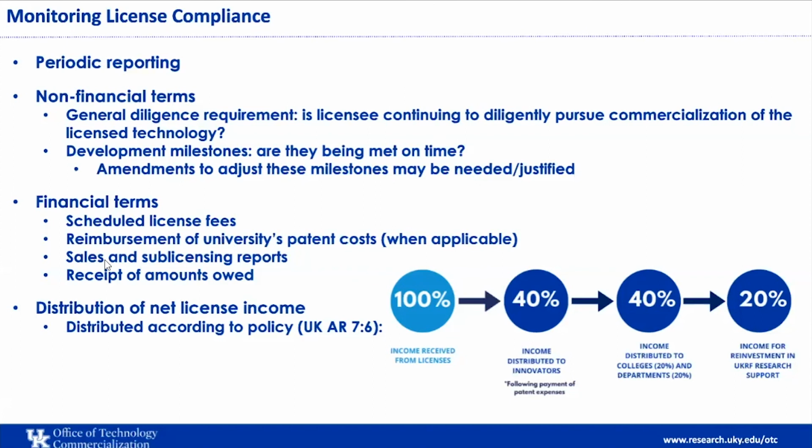According to University of Kentucky policy, 40% of net income is going to go back to the inventors, 20% to their respective college, and 20% to their department, and about 20% will go back to the UK Research Foundation to support further research efforts.